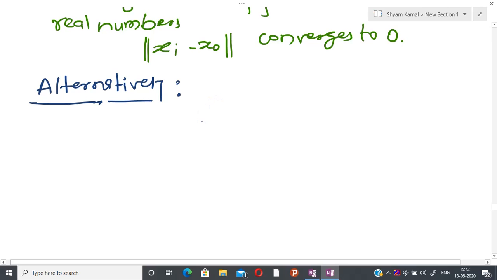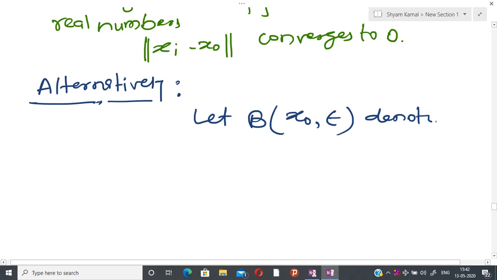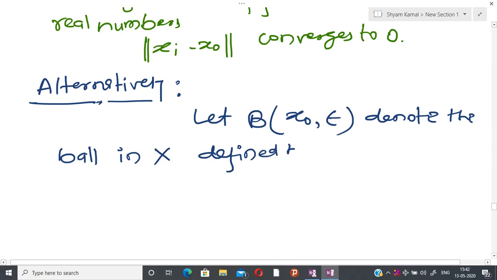So alternatively, in this interpretation, let B be some ball, where the center of the ball is x0 and the radius is epsilon. Denote the ball in the non-linear space X, and we are defining the ball from the above definition of convergence only.